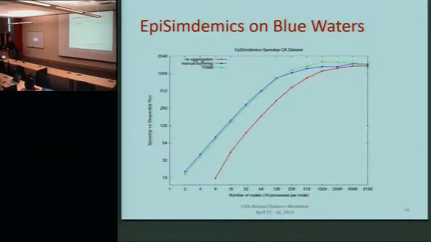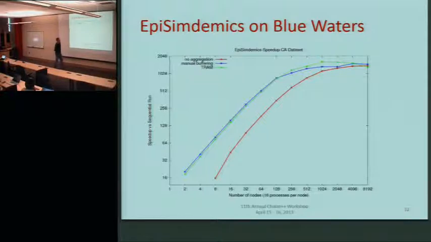And I mentioned epidemics already. So there the idea is to combine the messages that go from each person to a location manager. And so the researchers at Virginia Tech have tried a manual aggregation approach, and that's actually what they end up using at higher node counts, because it turns out that eventually there is some bottleneck in TRAM that prevents scaling at very high node counts.